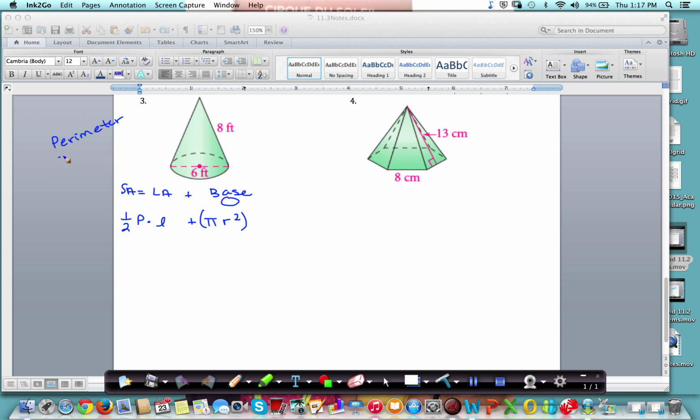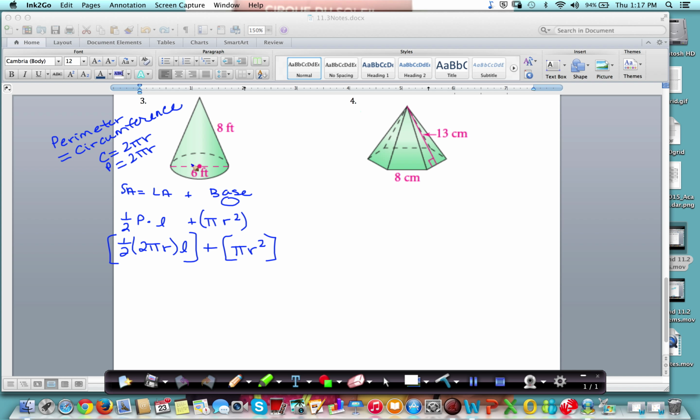The perimeter of a circle is the same as its circumference, right? And the circumference of a circle is equal to 2 pi r. So that's going to replace perimeter. So 1/2 times 2 pi r times the slant. That's my lateral area, plus the area of my base, pi r squared.